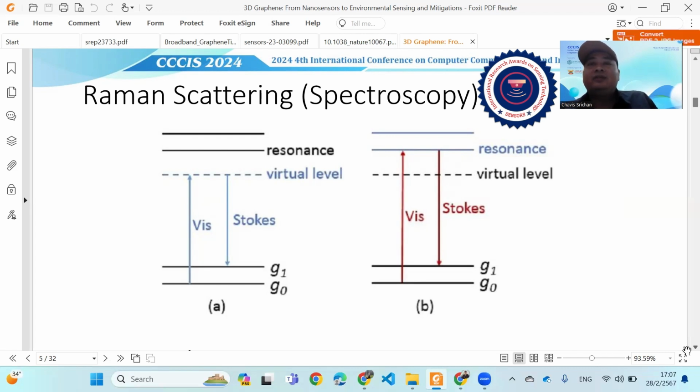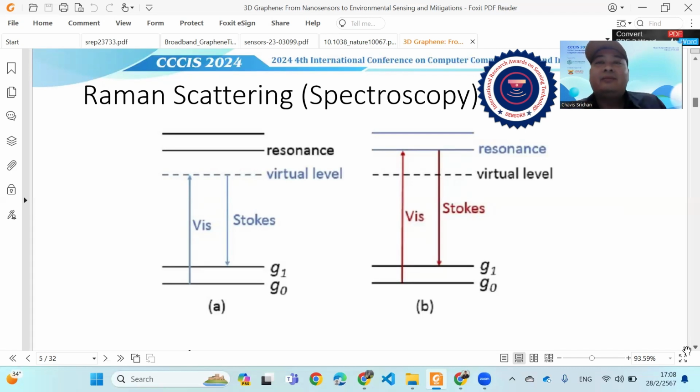So what actually is Raman scattering? It is a nonlinear optical process: when you excite with, for example, visible light, it goes up from G0, but when it relaxes, it goes down to G1 because of the vibrational energy levels of different molecules.